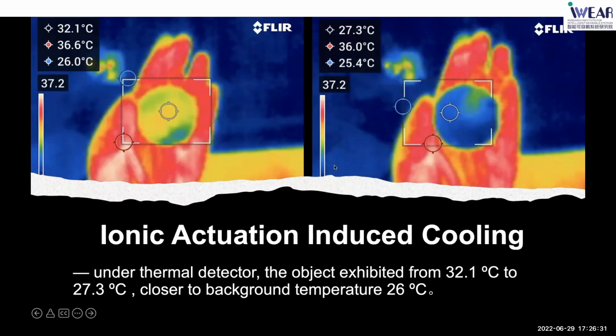Here is our picture showing that under thermal detection, the object's temperature decreases from 32 to 27, almost a 5 degree decrease. And this temperature is very close to the background temperature, 26.